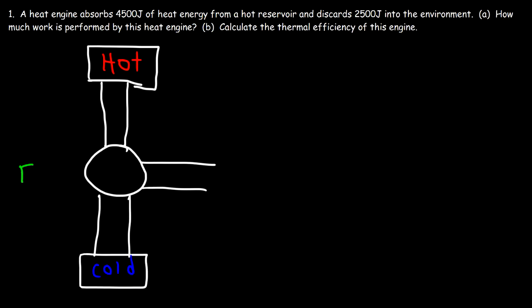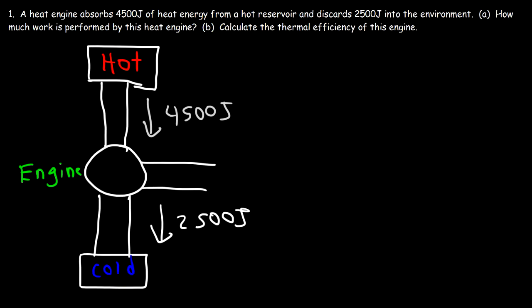And so this is the engine, the circle in the middle. So 4,500 joules of heat energy is absorbed from the hot reservoir, and 2,500 joules of heat energy is expelled into the environment. How much work is performed by this heat engine?